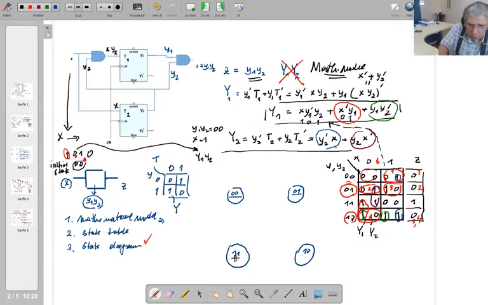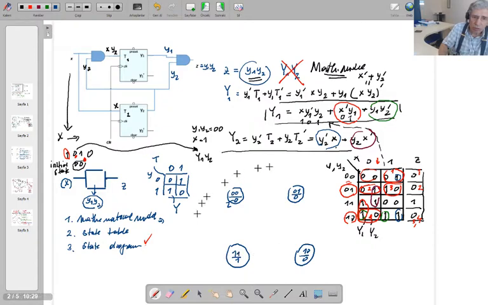Why is that? Because this is a Moore machine. Moore machine means Z output depends on small y's. So without looking at the input, you can write the output once you know the small y's. So that's going to be multiplication of, as we see here, multiplication of those two gives you 0. That's the output Z. And that gives you 0, that gives you 0, and that gives you 1.